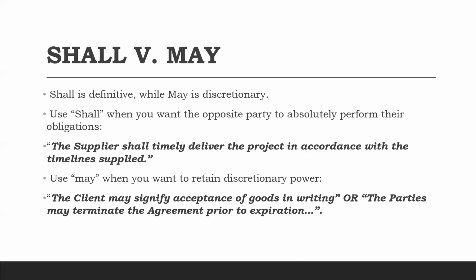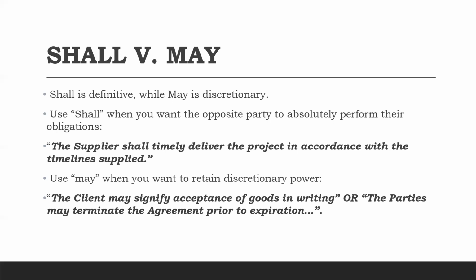So, shall versus may. Now, again, this is something which is a very common mistake. Now, shall is a definitive term. May is a discretionary term. Use shall when you want the opposite party to absolutely perform their obligations and there is no scope of doubt left.